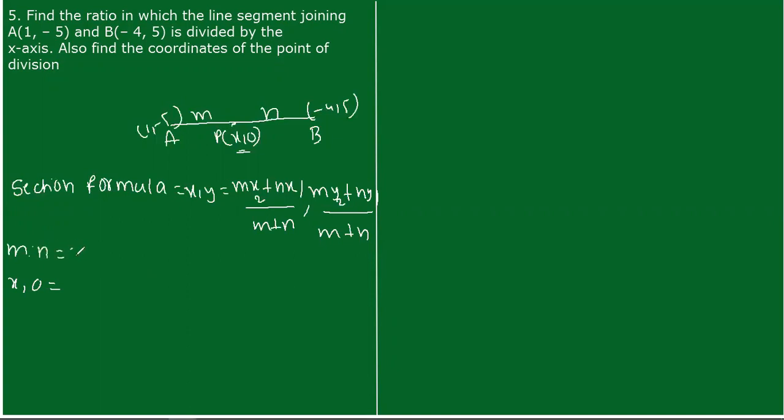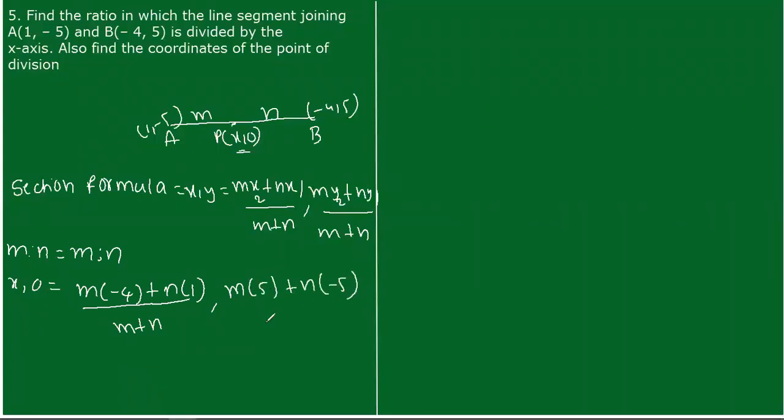The x2 value is -4, plus n, and x1 is 1, by m plus n, as well as m times y2, which is 5, plus n times y1, which is -5, by m plus n.